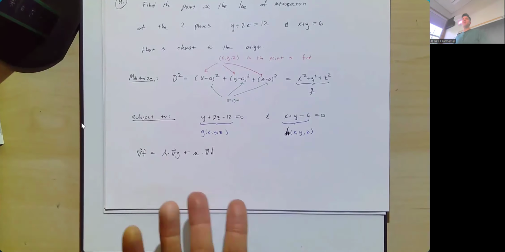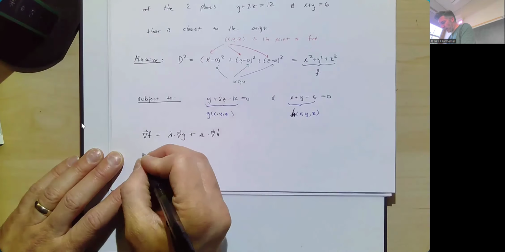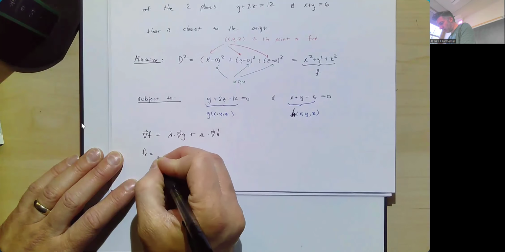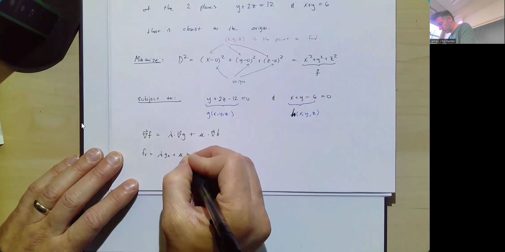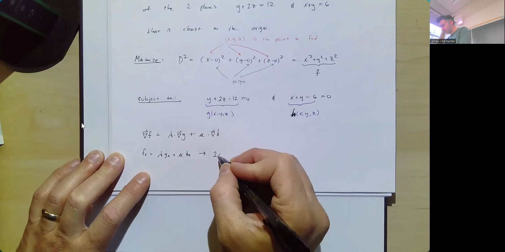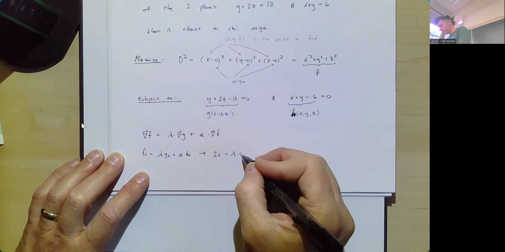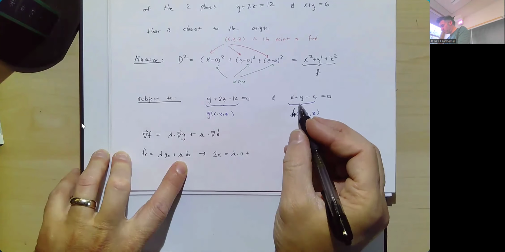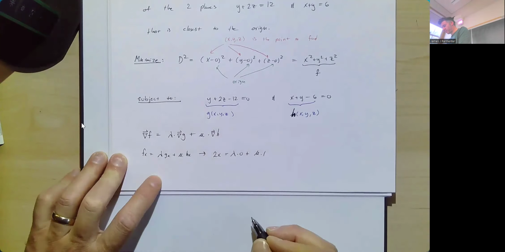But again, this is just convenient notation for writing a bunch of partial derivative equations. So, right, this is really just saying we want fx to equal lambda times gx plus mu times hx, which is going to be, let's see, so fx is going to be 2x equal to lambda times gx, which is 0, and then mu times hx, which is 1.